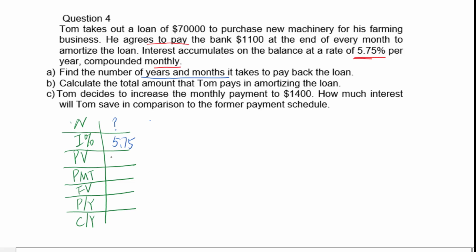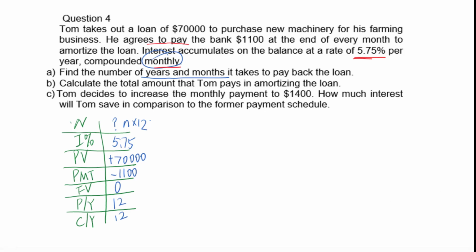Present value is positive 70,000. PMT is negative 1,100. Future value will be 0. This is 12, here is 12, because this is monthly. So for this, N will be the years times 12.